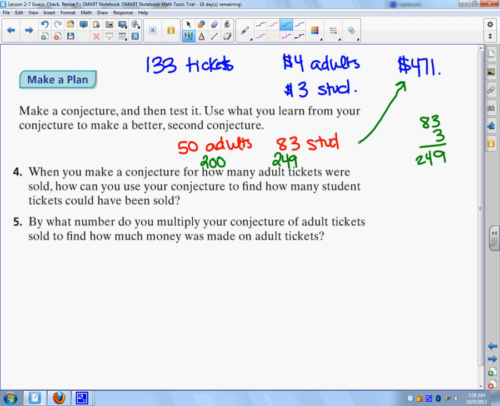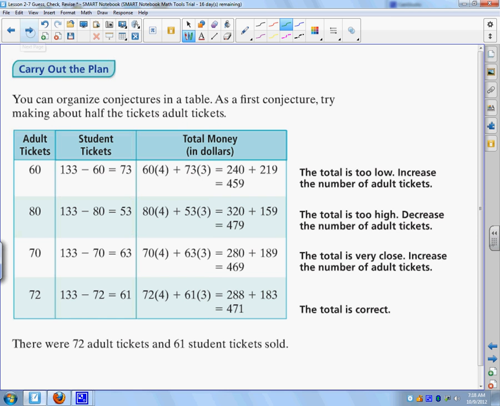Okay? So this is guess and check. You're guessing and then you're checking your answer. So in the book, you'll see they organized it in a table. So they said, okay, I'm going to guess 60 adult tickets and 73 student tickets. Well, that got me 459.